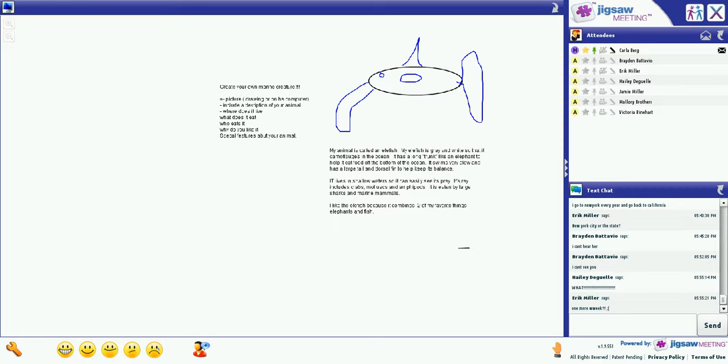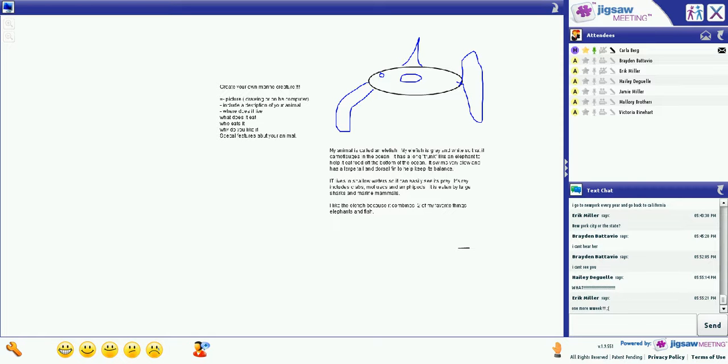My animal is called an elefish. My elefish is gray and white so that it camouflages in the ocean. It has a long trunk like an elephant to help it eat food off the bottom of the ocean. It swims very slow, has a large tail and dorsal fin to help keep its balance. It lives in shallow waters so it can easily see its prey.